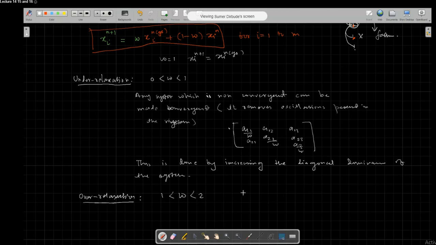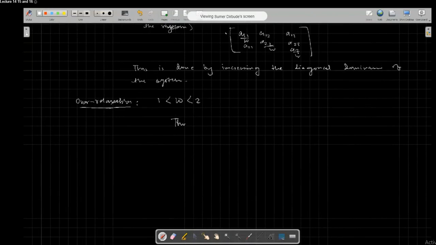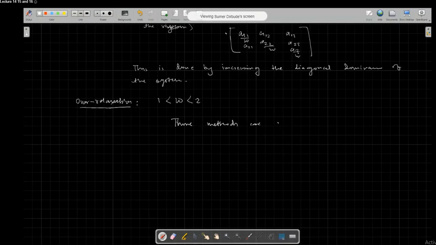Now we are dividing by a large number, maybe 2, so diagonal dominance is decreasing. So these methods are used with this relaxation.